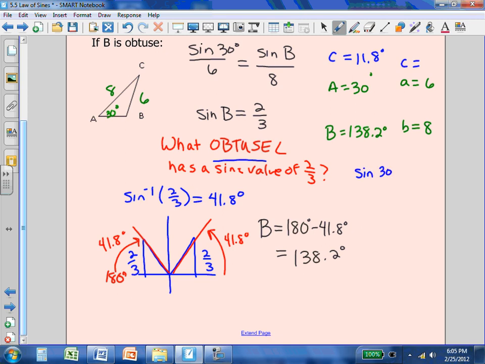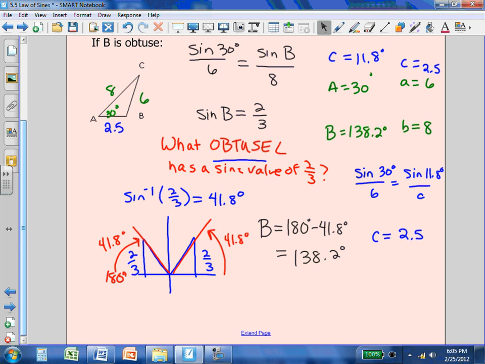Where you start out with angle A again. 11.8 degrees over C. And doing your calculations, you should get that C is about 2.5. Okay, that's really, really tiny. But it is another solution to what is given to us.